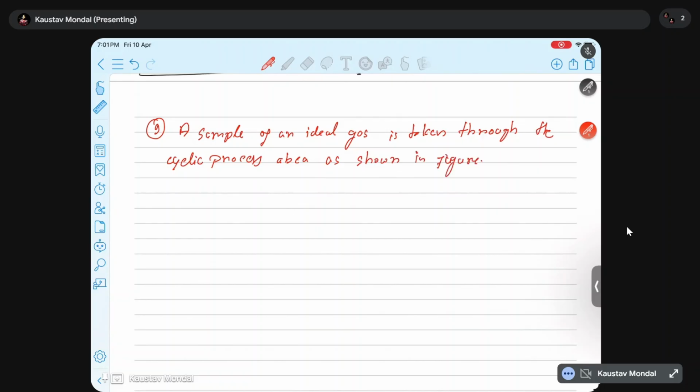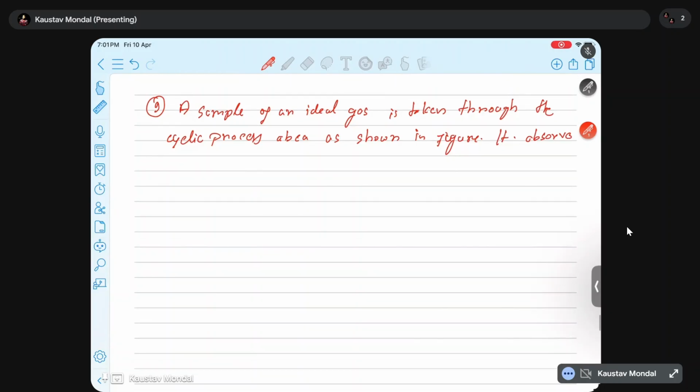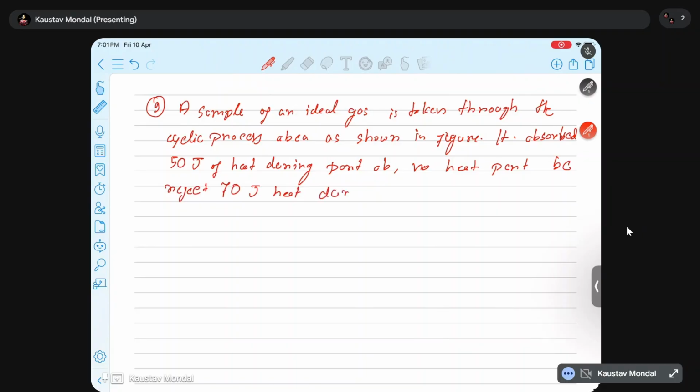So I'll draw the figure. It absorbs 50 joule of heat during part AB, no heat in part BC, rejects 70 joule of heat during CA, and 40 joule of work has also been done during BC.